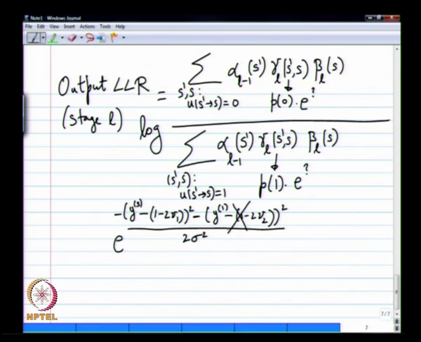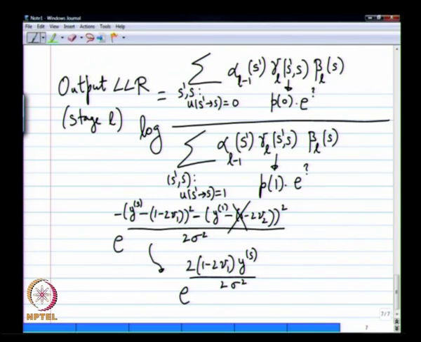So, ignoring this part, not worrying too much about this, if you look at this term, it turns out the only thing that this simplifies to is e power 2, 1 minus 2 V1 times Ys by 2 sigma squared. Is that right? Is that okay? And V1 is going to be 0 for the numerator and is going to be 1 in the denominator in my recursive systematic encoder.